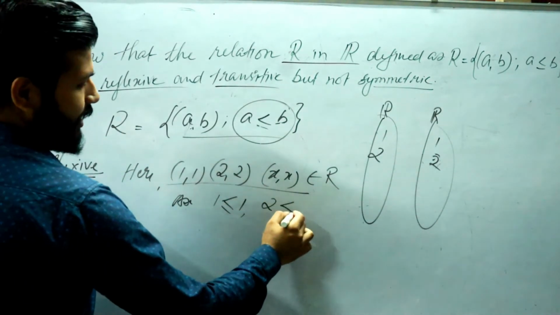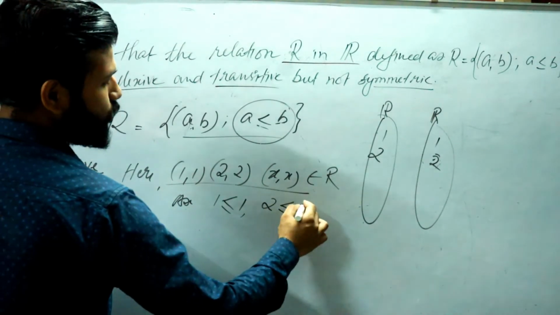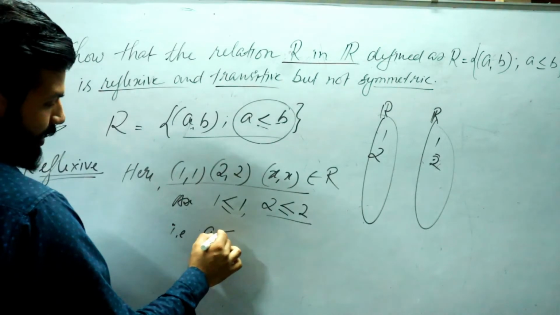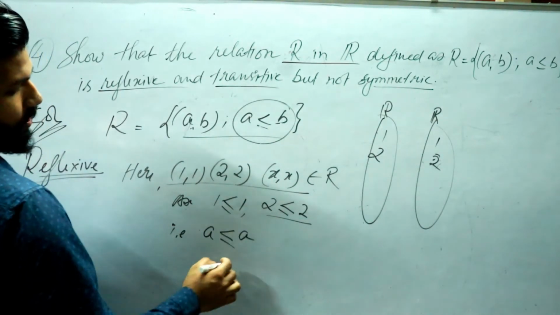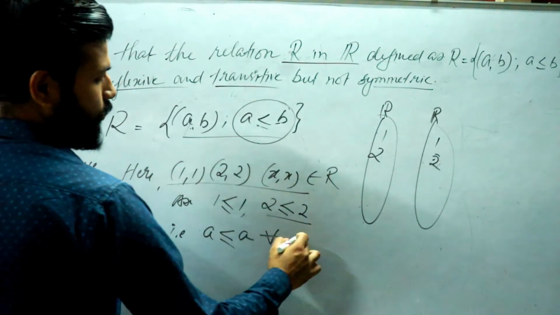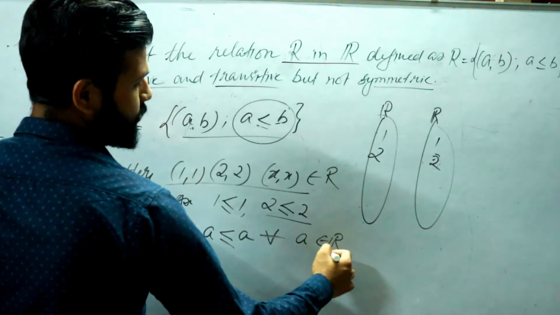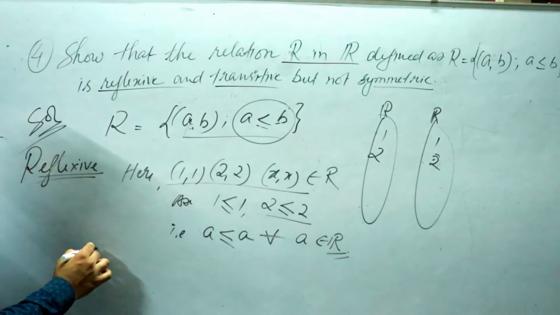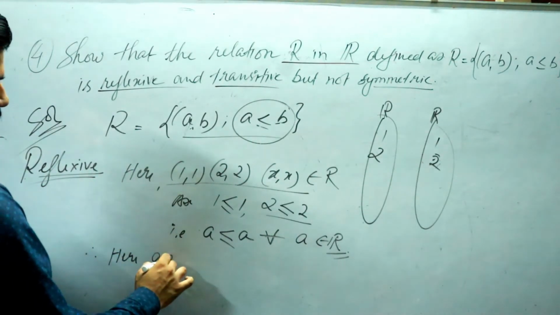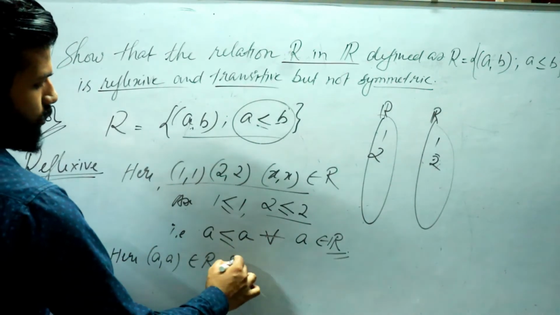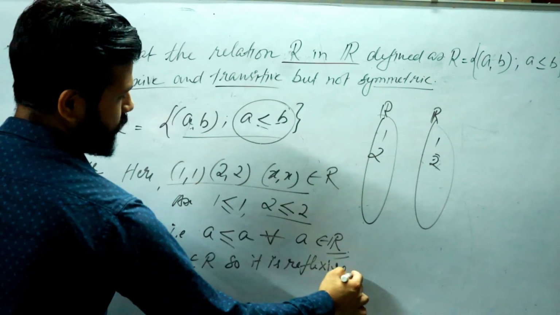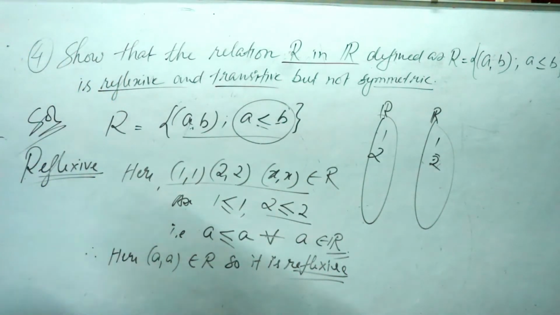And 2 is not less, but equal to 2. That is, I can say here, a ≤ a for all a. Therefore, (a, a) belongs to the relation, so it is reflexive. So this is a reflexive question.